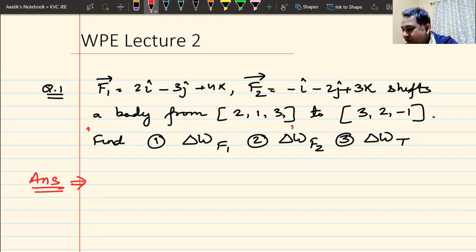First force is 2i minus 3j plus 4k. The second force is minus i minus 2j plus 3k. The particle is shifted from 2, 1, 3 to 3, 2, minus 1. To find the work done by all of these forces, F1, F2, and then you have to find the total work done. I hope the question is clear to all.